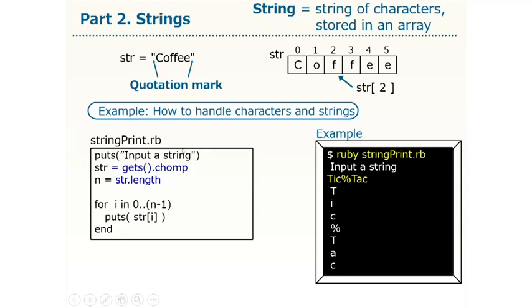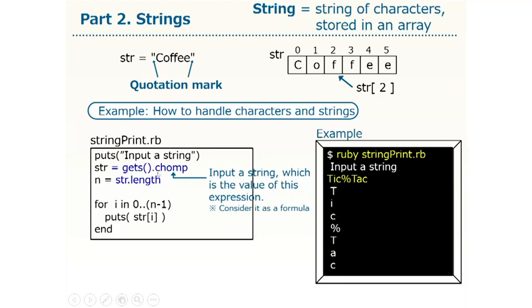The next one is the command to input a string and store it into the array str. More precisely, this gets.chomp, I call it chomp, is a command that forces the computer to wait for an input string.